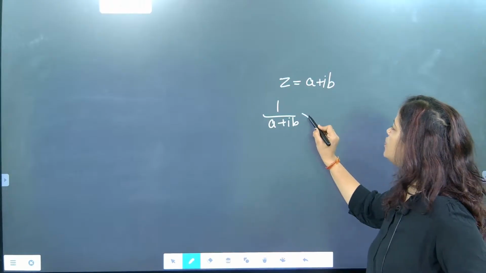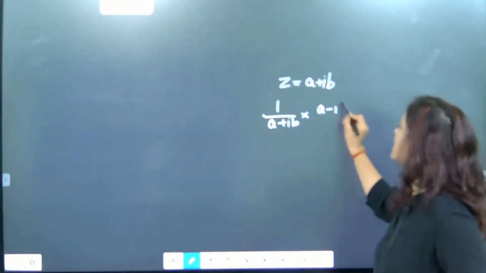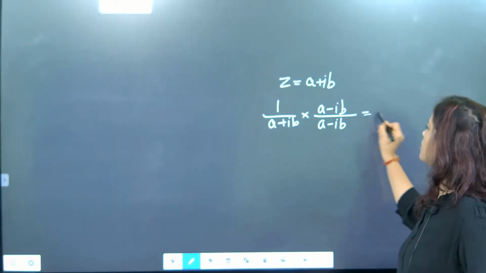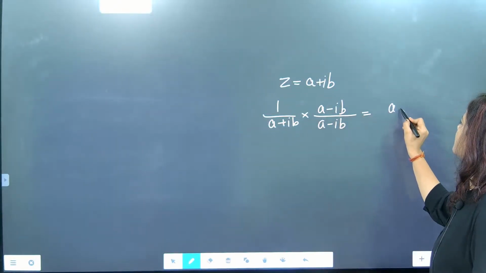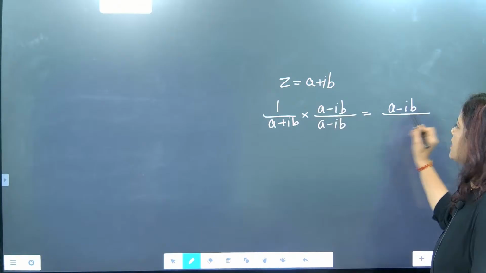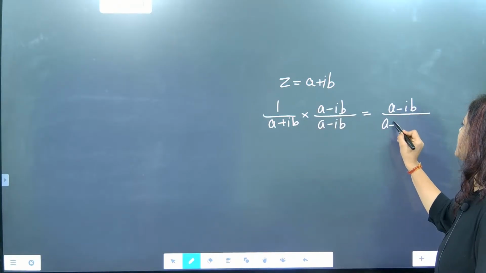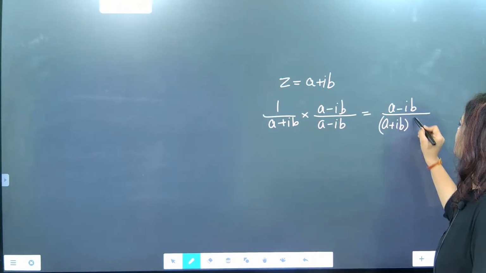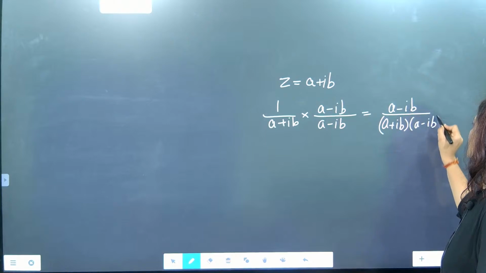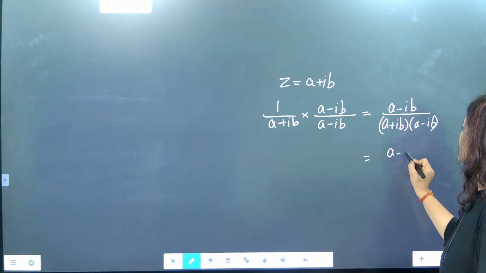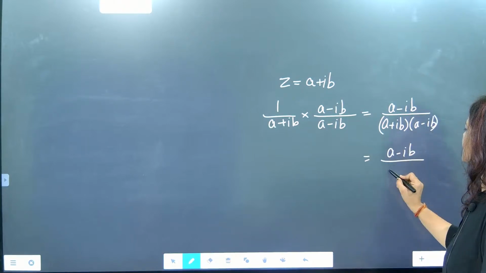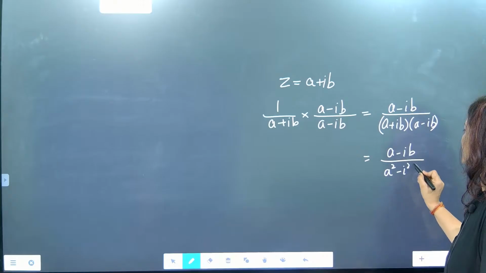Now how to approach this? We will write a minus ib, a minus ib. Rationalize it. It will become a minus ib by a plus ib into a minus ib. Now it will become a square minus i square b square.